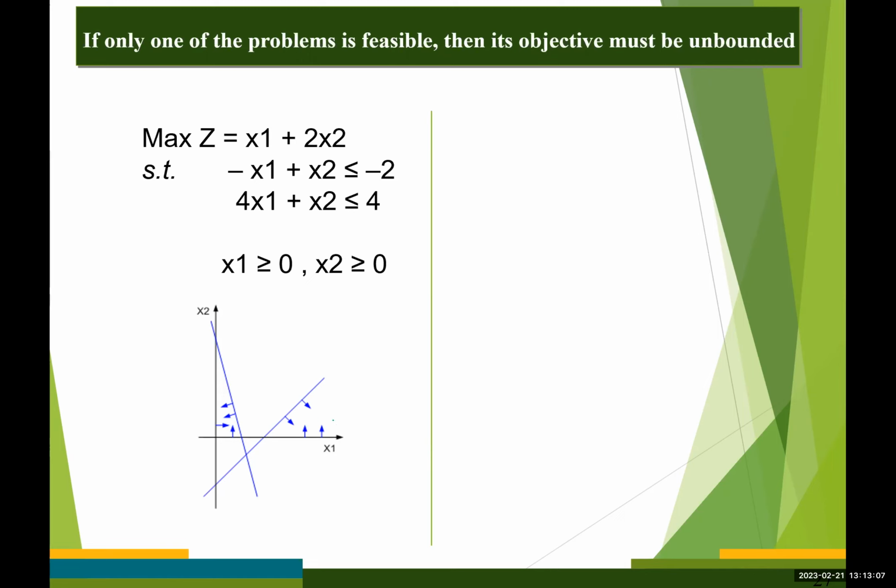It contains no points, right? Because no points satisfy both of these constraints. So there is no feasible solution in this case. So it's an infeasible LP.